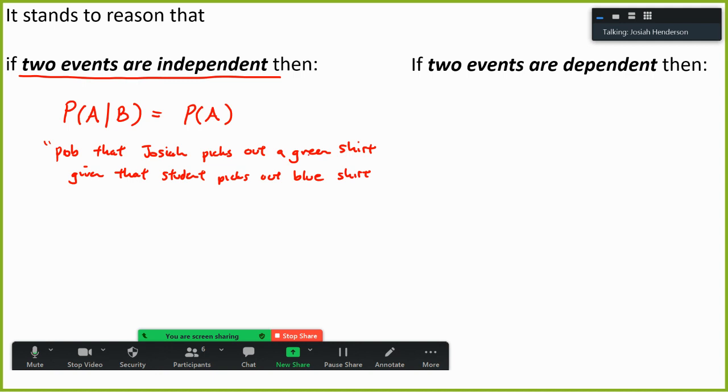If we're focused on me picking out this specific green shirt, then it really doesn't matter. It's completely independent of you picking out your blue shirt.